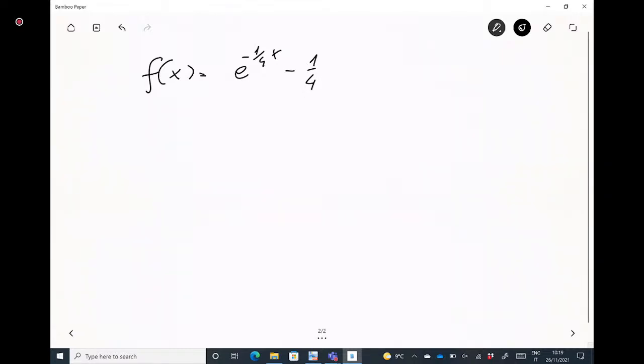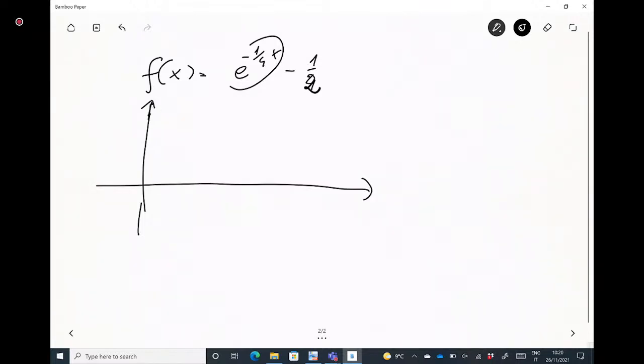Was it 1/4 or 1/2? 1/2. Okay, so this one, exponential minus 1 over 4th x, is like this. When x is equal, say, to 0, it starts here, basically.